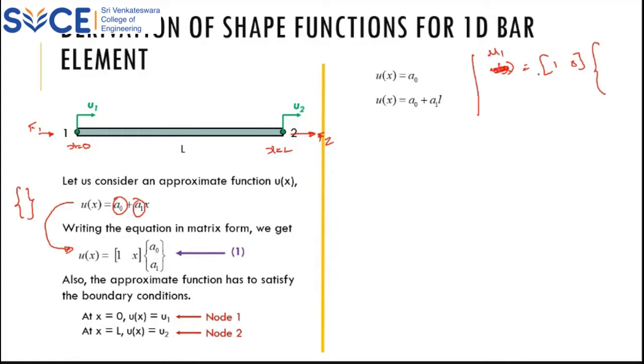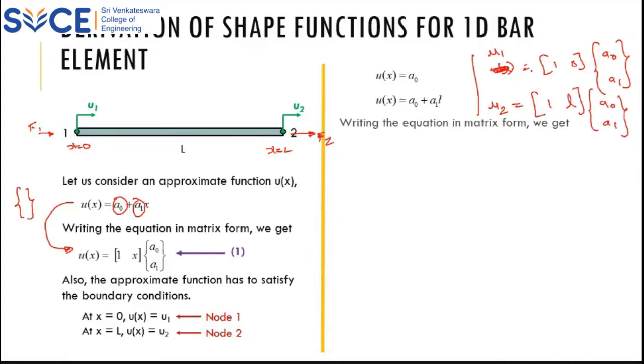So u1 is equal to 1, 0 times a0, a1. This is my first equation. When x is equal to L, u2 will be equal to 1, L times a0, a1. So I am writing this in matrix form.